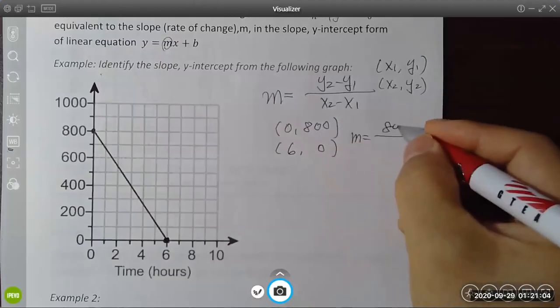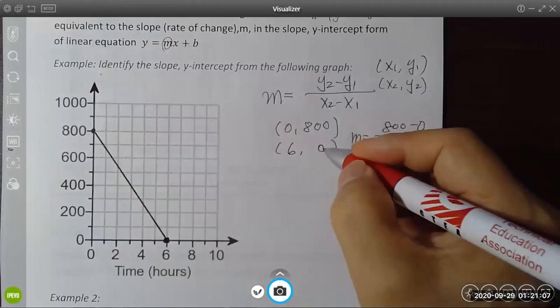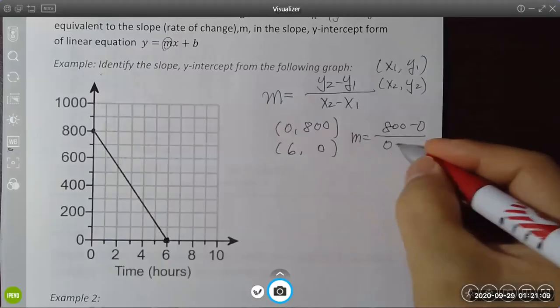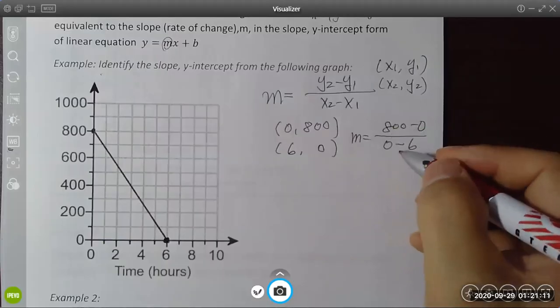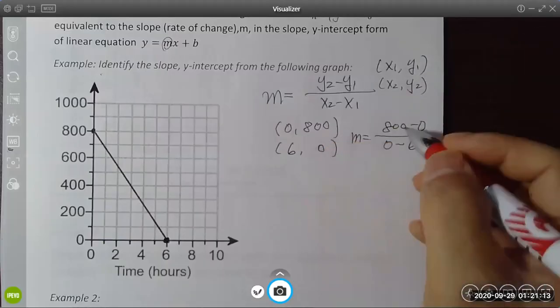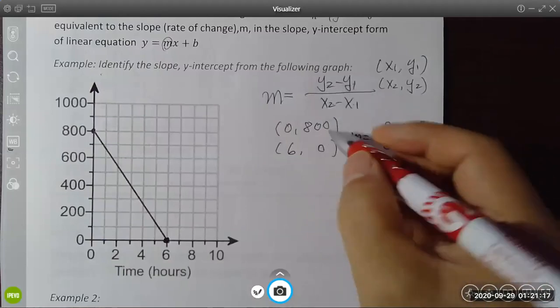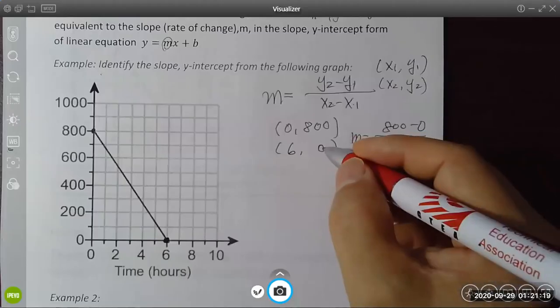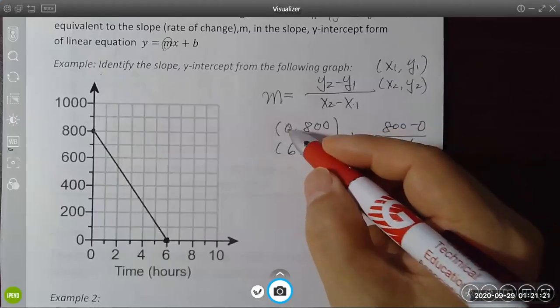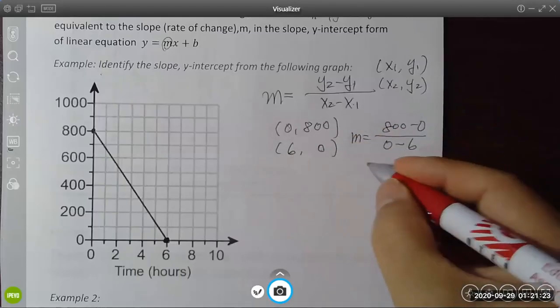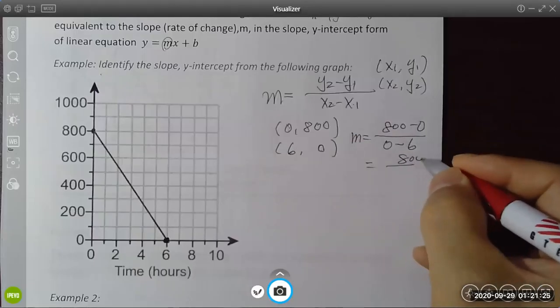800 minus 0 over 0 minus 6, y minus y, x minus x. When you plug in numbers, make sure you do this in a consistent way. You see, 2 minus 1, 2 minus 1. In other words, if you use the number on the top minus the number on the bottom, you have to do the same thing for the other variable. So what do we get? 800 over negative 6.